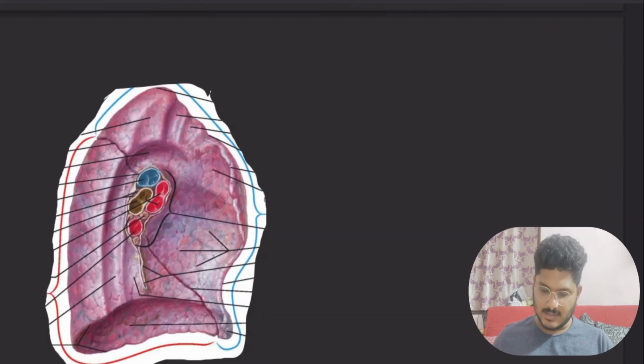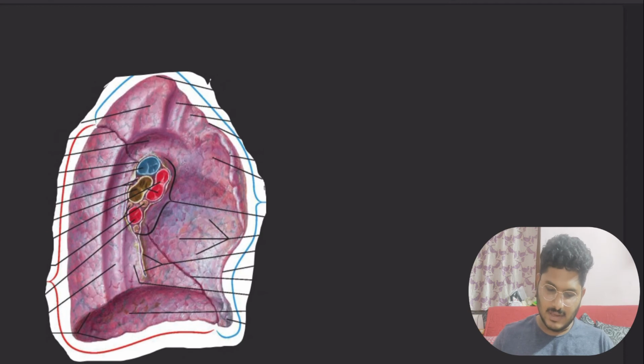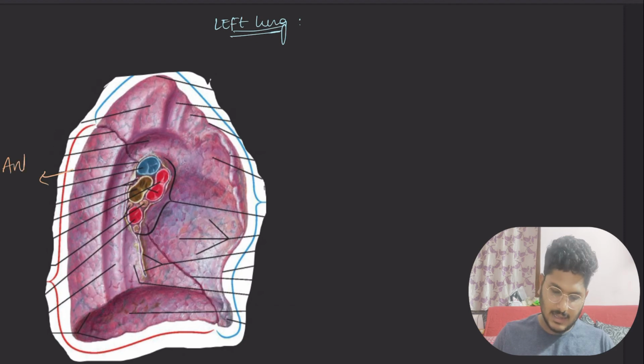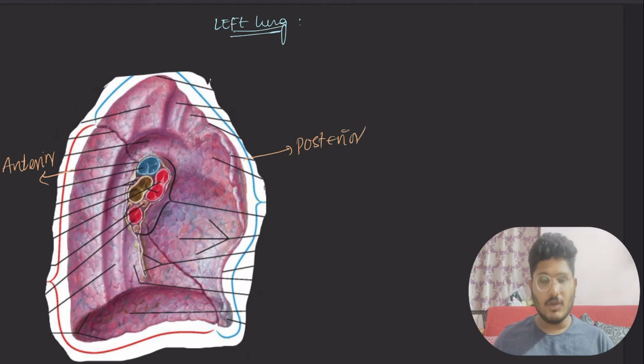Next, what about the left lung? If we see here the left lung mediastinal surface, this is the anterior surface of the left lung and this is the posterior surface of the left lung. We already discussed the hilum. There is a difference between the hilum relations in the right and left lung.